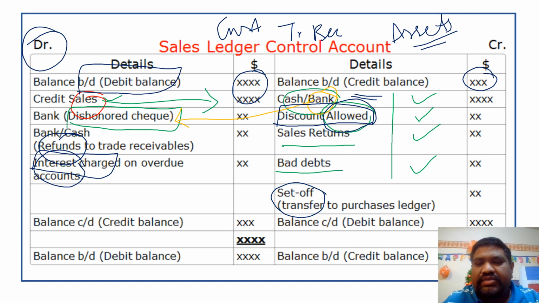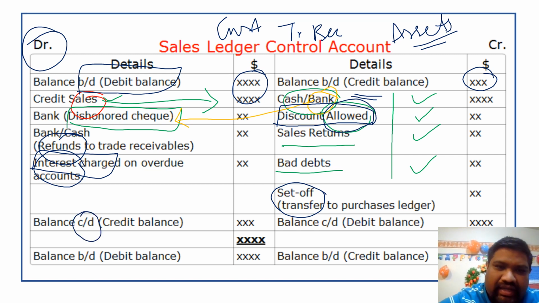Here I am checking only the arithmetical accuracy of my control account and my ledger books, as well as checking whether any items are missing. I have to locate errors, and it is easy to locate errors. The credit side balance we write here.